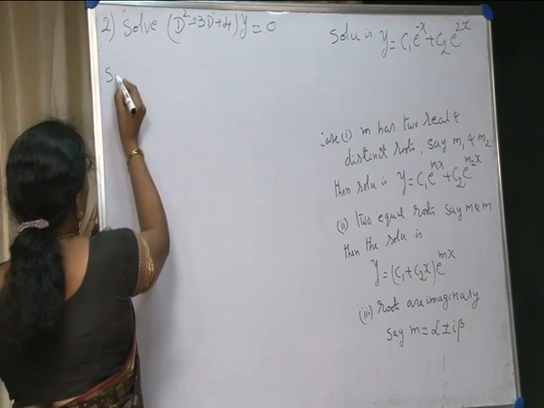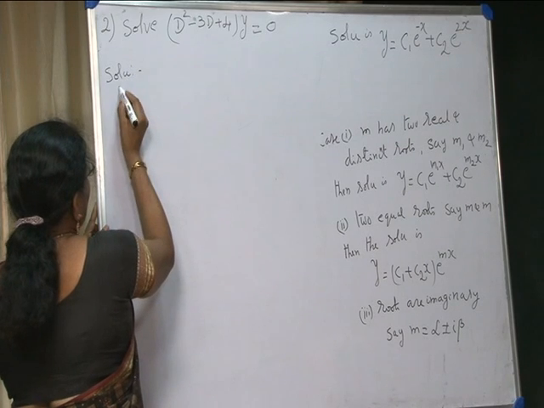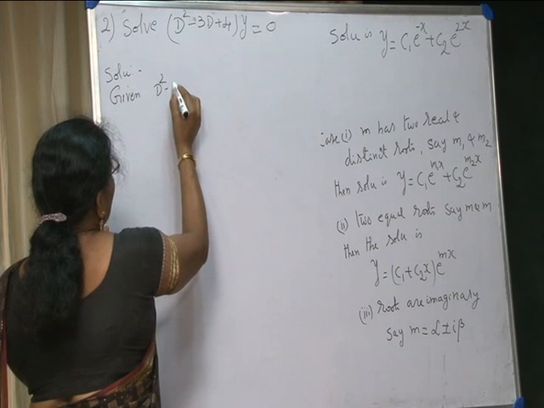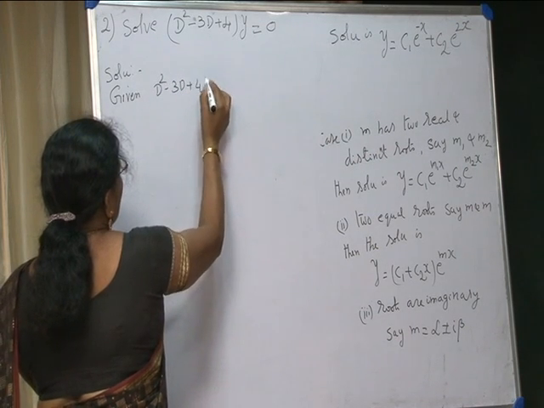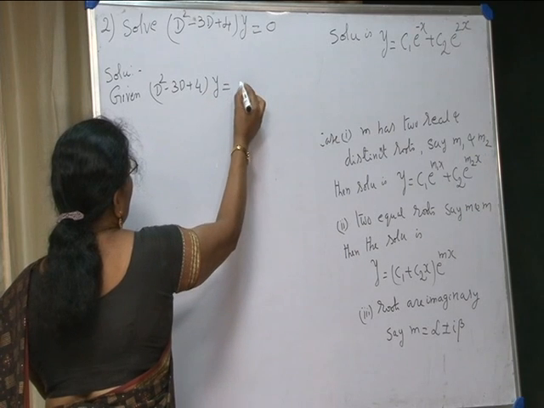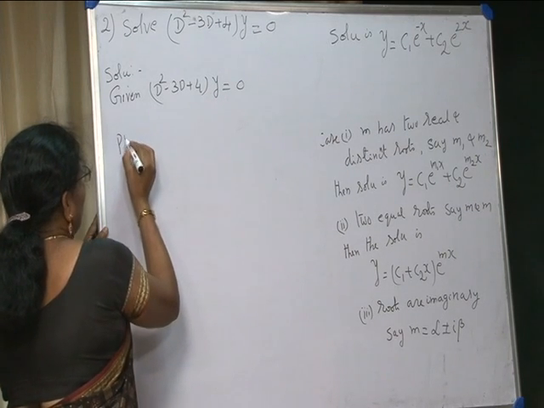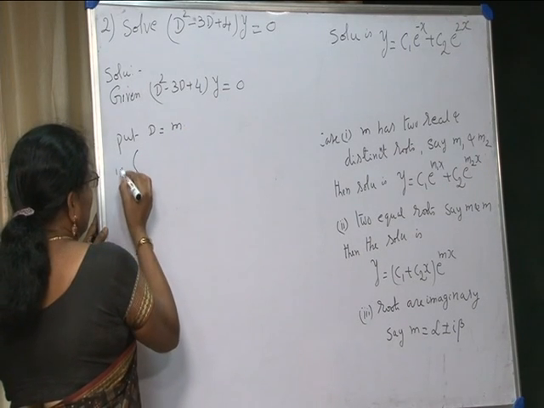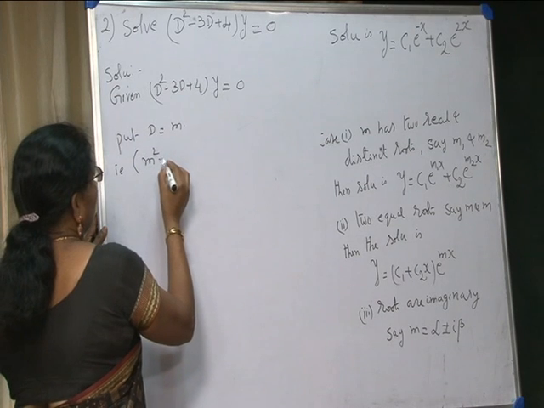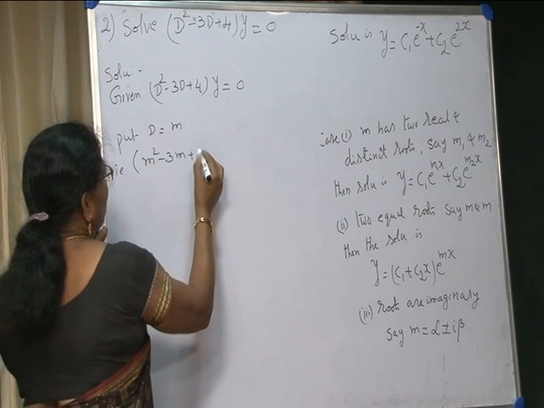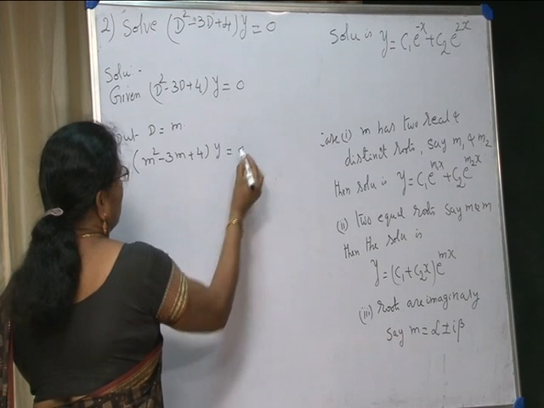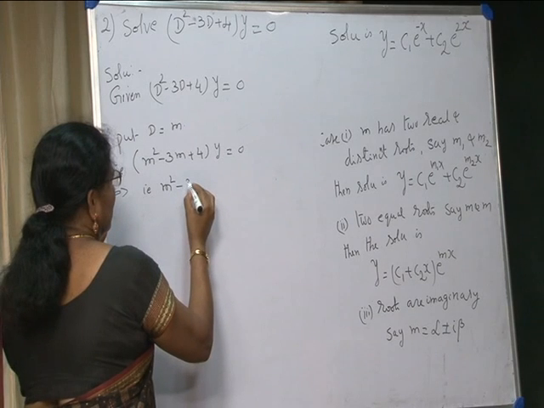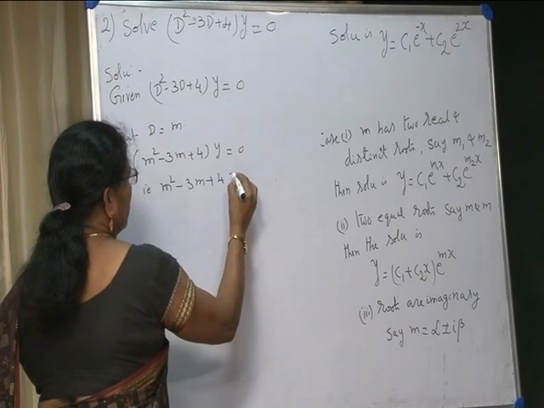Solution: given d squared minus 3d plus 4, put d is equal to m, that is m squared minus 3m plus 4 is equal to 0.